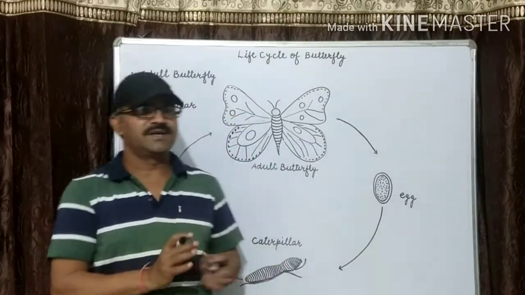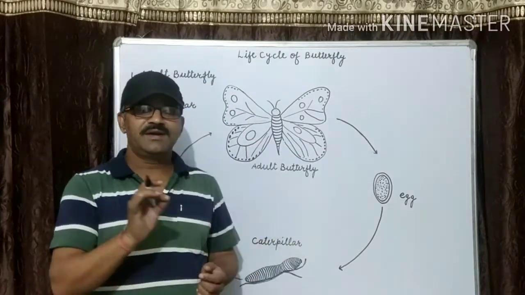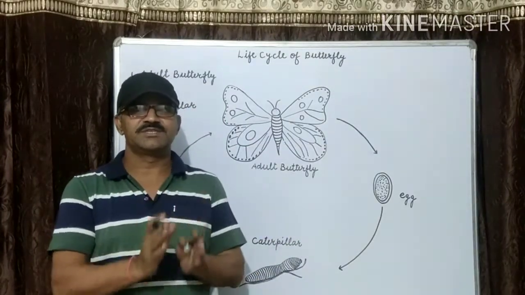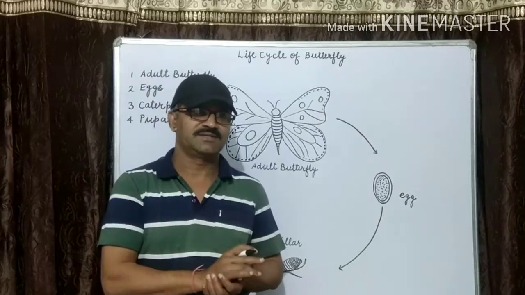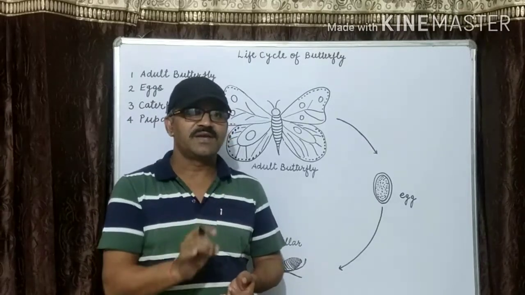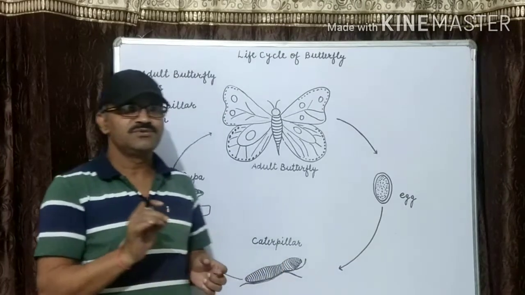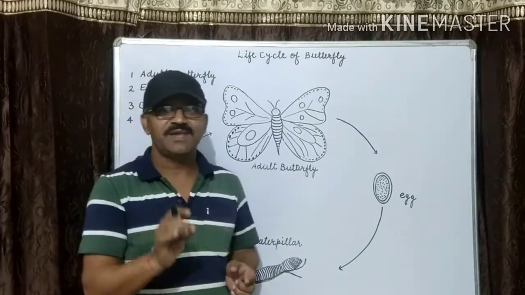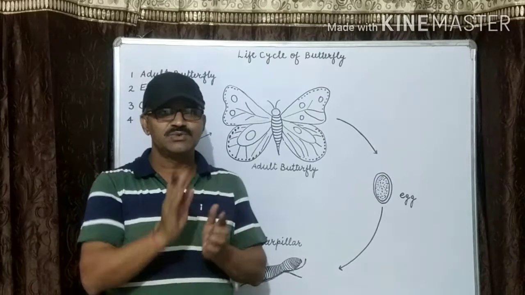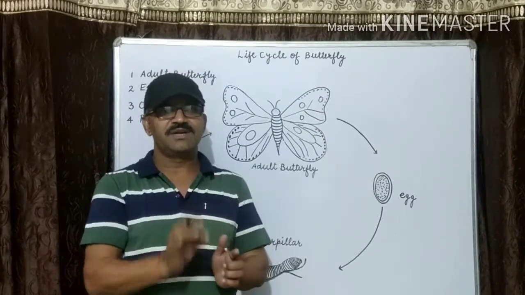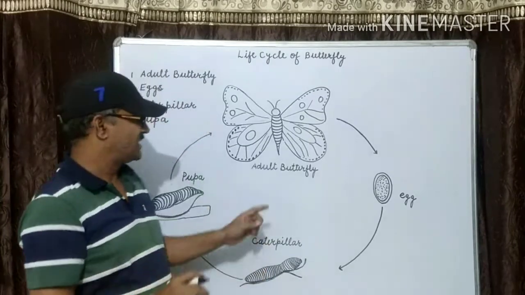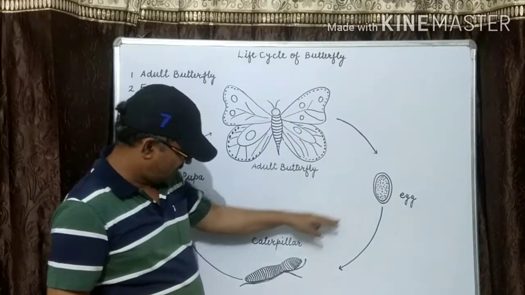Some other insects like butterfly and housefly have four stages in their life cycles. The life cycle of a butterfly also shows metamorphosis. Metamorphosis you know very well. The life cycle of some insects passes through stages where they do not look like their parents.